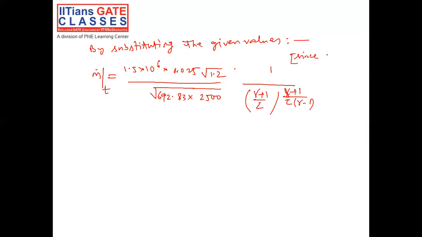So since at throat the Mach number is 1, this is the mass flow rate at the throat of the nozzle.